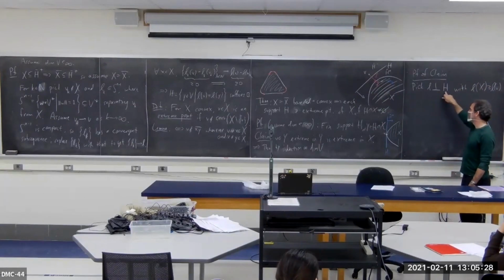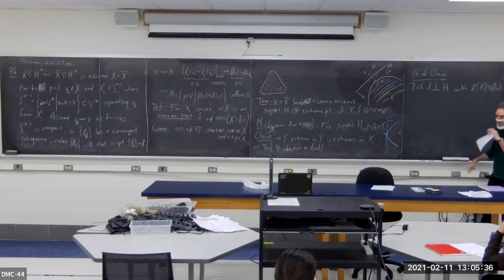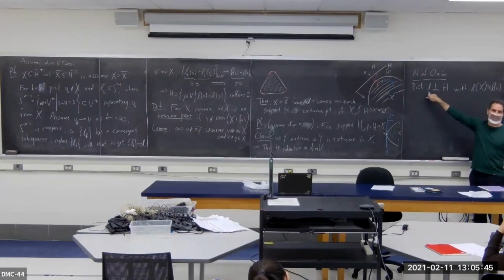This is a hyperplane, and all I'm saying is that L should be constant on H. This is not using an inner product. It's using the pairing between linear functions and points of V. And for a linear function to be orthogonal to a hyperplane just means that linear function is constant on the hyperplane. It says that H is contained in a level set of L. In fact, it is a level set of L.